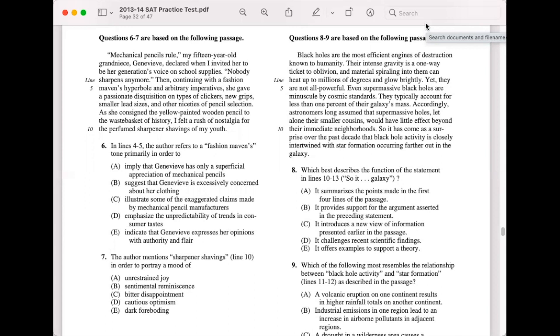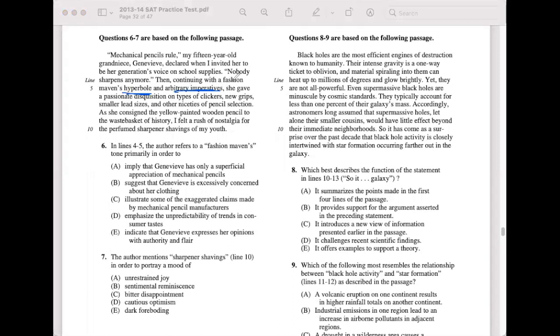So, a very short passage, but a lot is packed here. We are discussing an unnamed narrator and his grandniece, Genevieve, and they are discussing the way pencils have changed, right? Particularly Genevieve, who talks about mechanical pencils, and she uses hyperbole, which is exaggeration, and arbitrary imperatives.